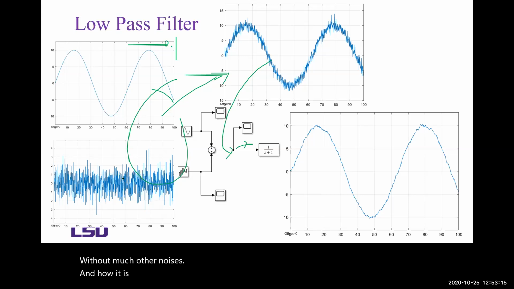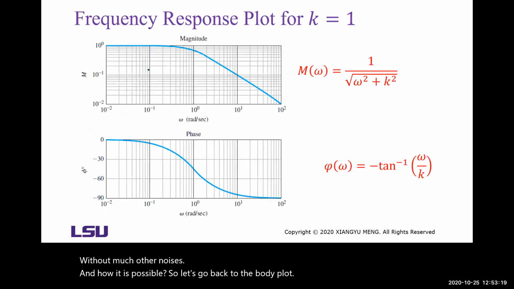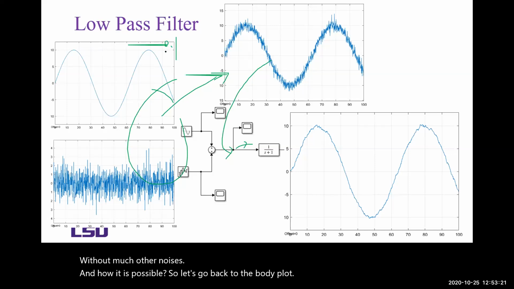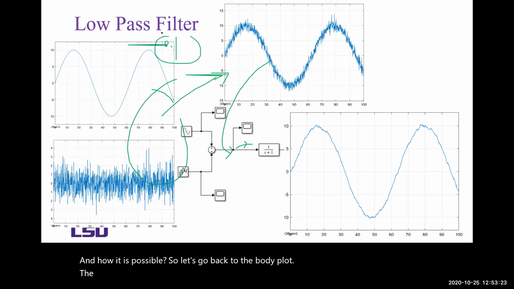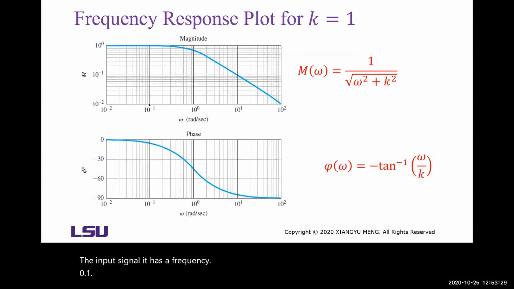Let's go back to the Bode plot. We know the input signal has a frequency 0.1, so it will be here. This is the frequency of the input signal.